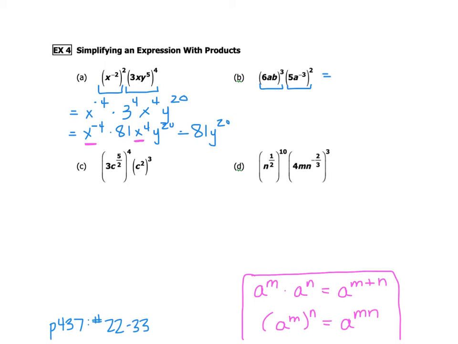All right, so I have 6 to the 3rd, great, gonna need that calculator again, a to the 3rd, b to the 3rd, and we're multiplying that by 5 squared, and a to the negative 3 times 2 power, which is negative 6 power. So let's get out the calculator for the 6 to the 3rd power, which is 216.